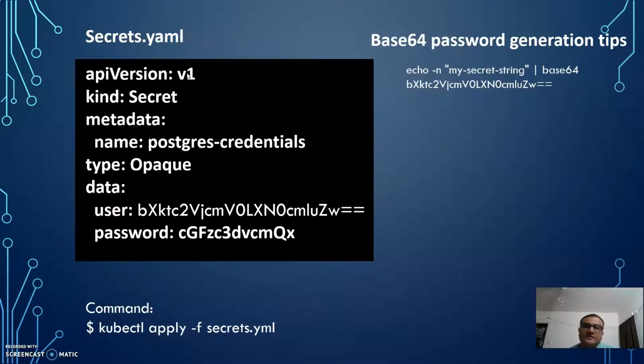Kubernetes has API versions that validate the YAML files, and we can identify the secrets by the name using the metadata name, and type Opaque, and we can mention our data like a username and password like this.